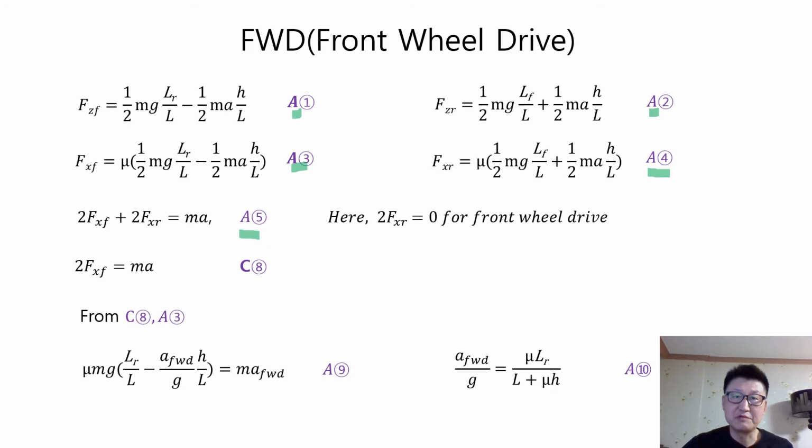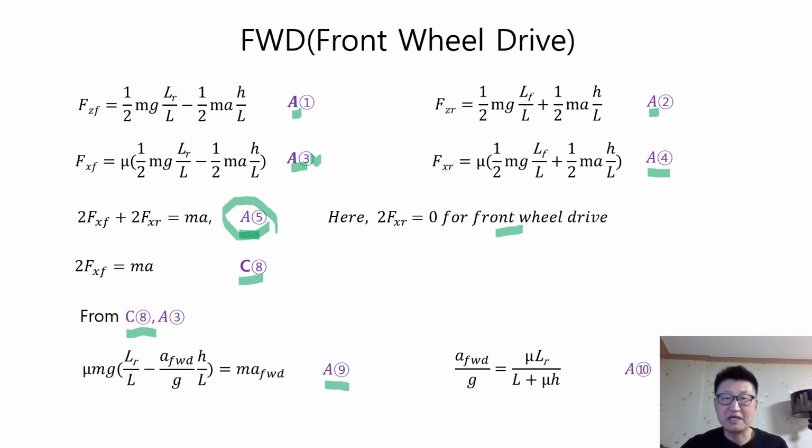From the Newton's law, we have A5. Here, 2f of xr is equal to 0 for the front-wheel drive. Therefore, we have the equation C8. From C8 and A3, we could get the equation A9.